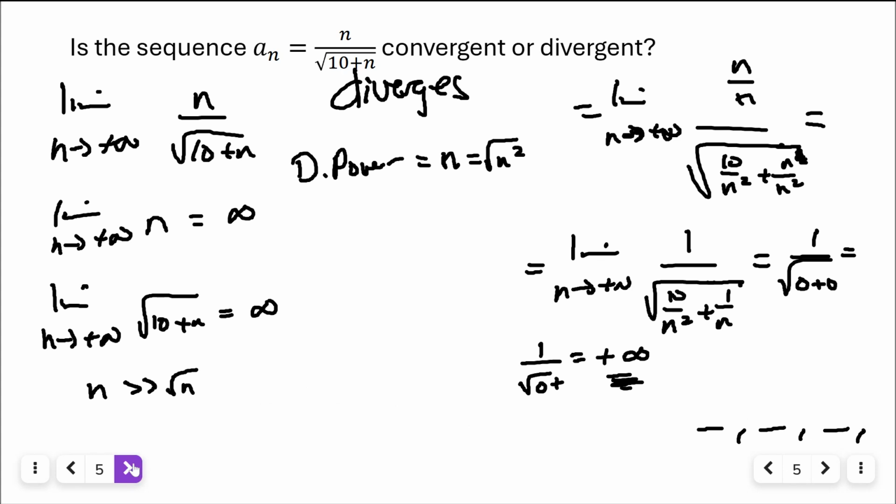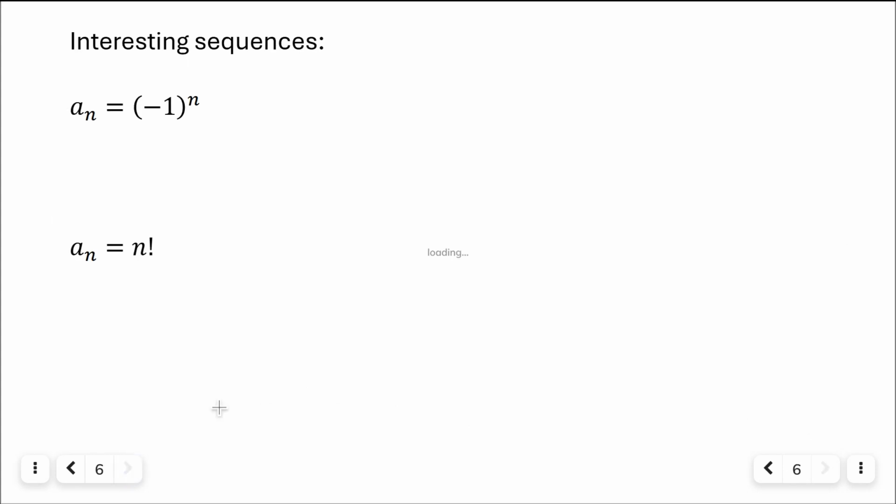All right, and finally, we're going to take a look at a couple of interesting sequences. A sub n equals -1 to the n, and n factorial. So for these sequences, if we write out the terms, for n equal to 1 we get -1 to the 1, which is -1.